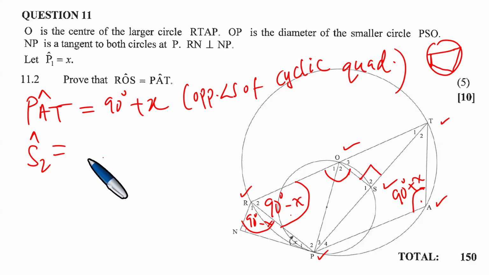Let us reason that together. Why is the angle S2 90 degrees?